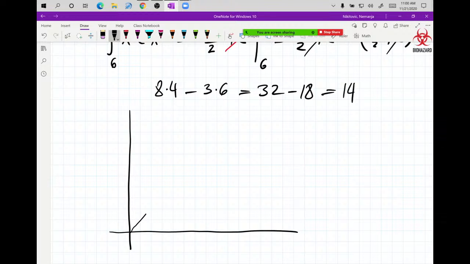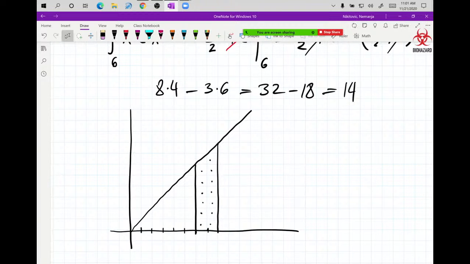You just have to have enough OCD to draw this properly. 1, 2, 3, 4, 5, 6, 7, 8. I better have 14 squares in here. 1, 2, 3, 4, 5, 6, 7, 8, 9, 10, 11, 12, 13, and then 2 halves. 14. Good. Got it.